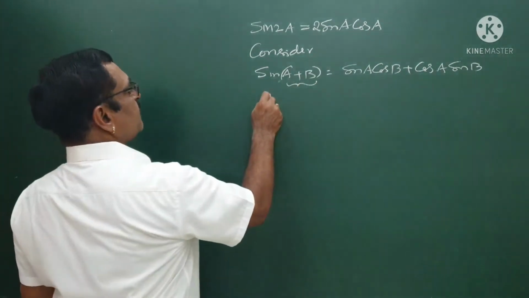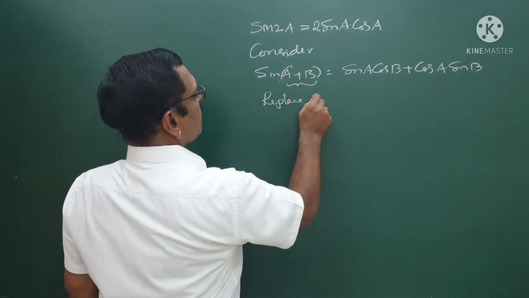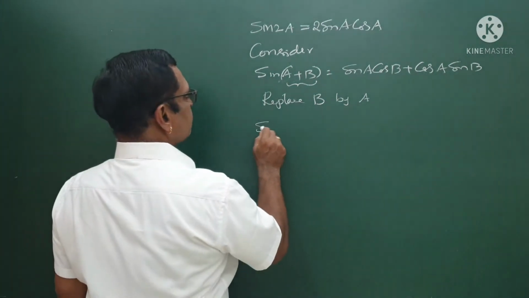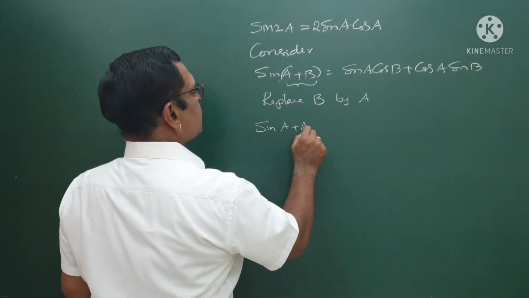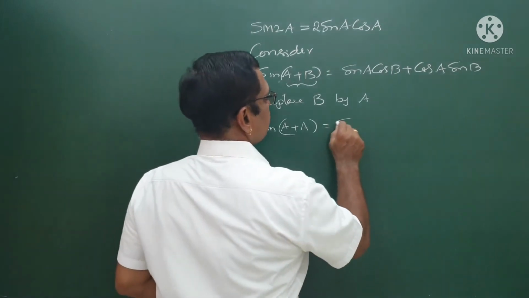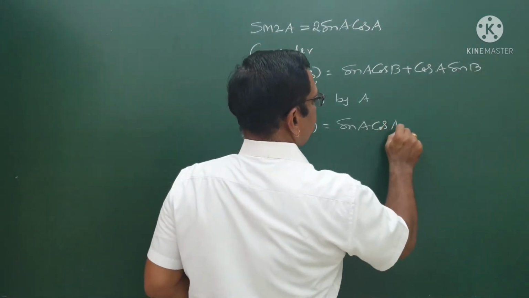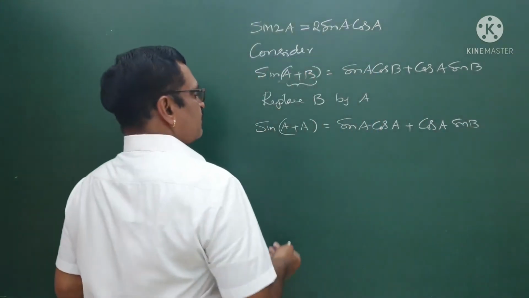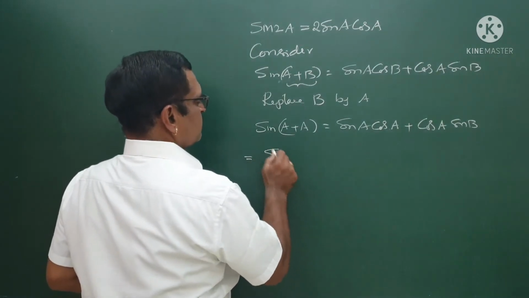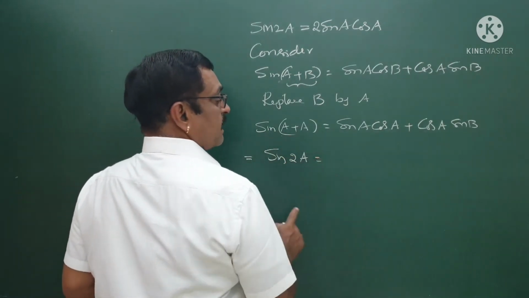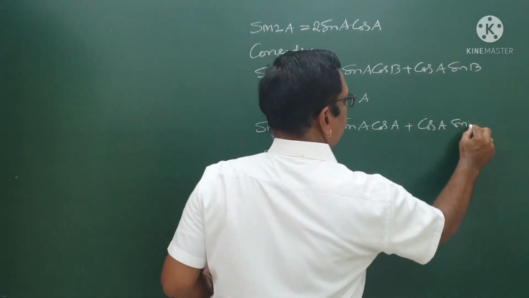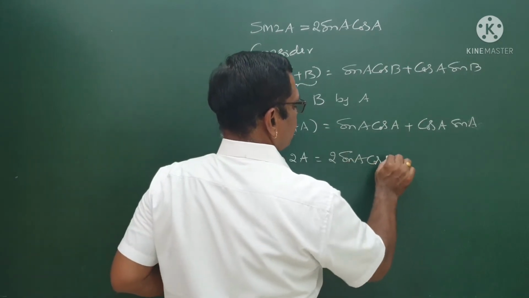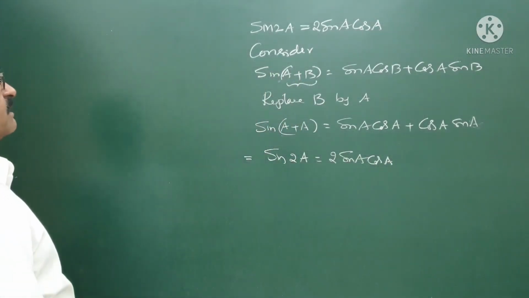So what I do, replace B by A. So what do we get? Sin of A plus A is equal to, we have sin A cos A plus cos A sin A. Now if you observe carefully, this is nothing but A plus A, 2A, and this is sin A cos A, sin A cos A. So we have 2 sin A cos A. That's all.